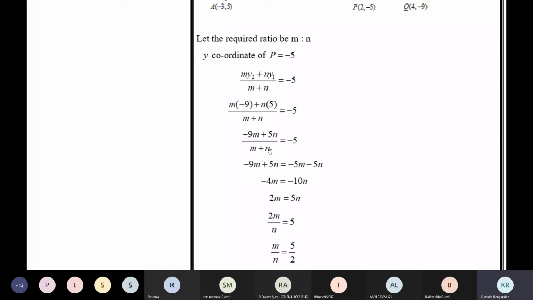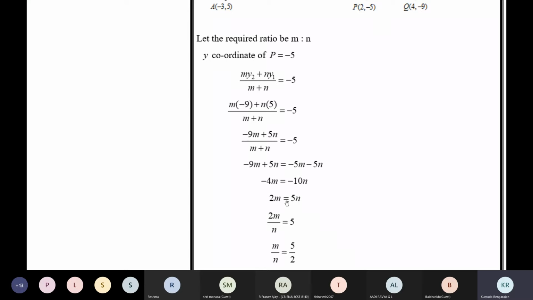And then you understand -4m = -10n. Then the minus gets cancelled. Dividing by 2 on both sides, we have 2m = 5n. Now we need to find the ratio m:n. So 2m/n = 5, because we want the ratio m by n, so we'll bring this n down here.